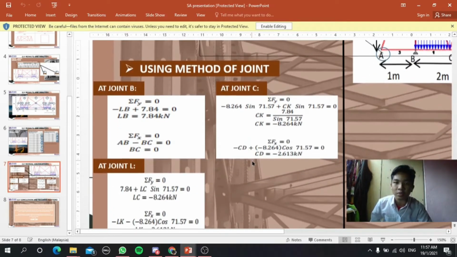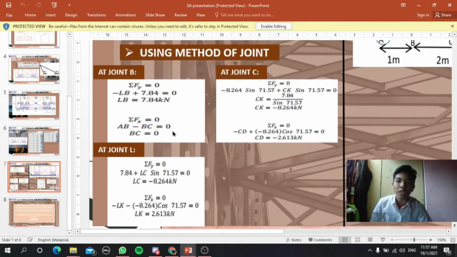Next, using the method of joints, at joint B, we get 7.84 kilonewton at LB, and BC is a zero force member since the value is 0. At joint C, we get negative 8.264 kilonewton for member CK, and negative 2.613 kilonewton at member CD.